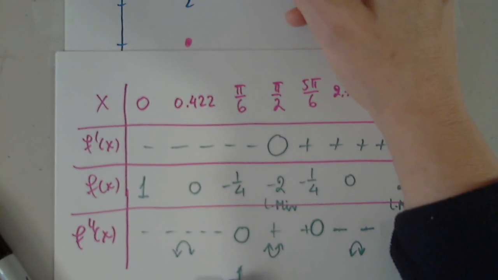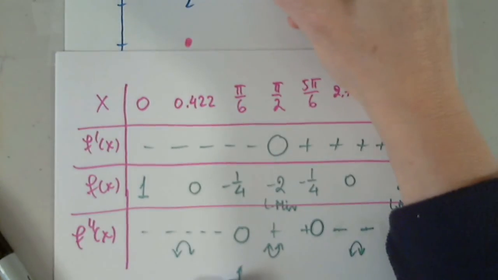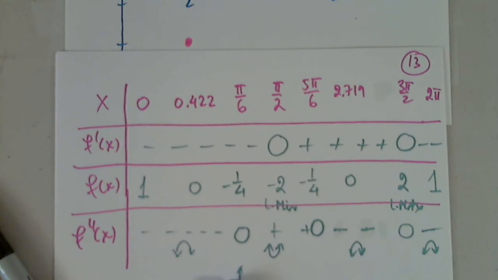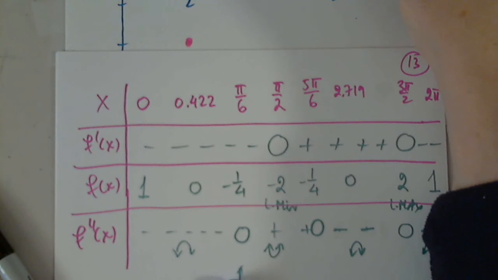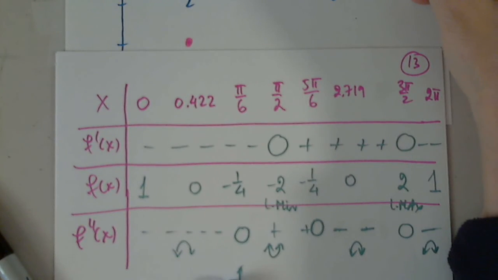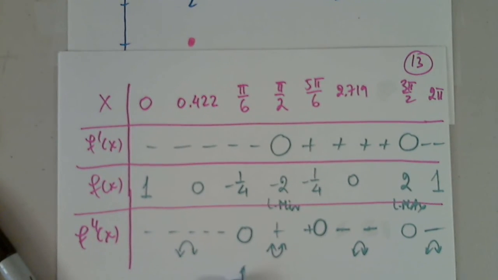And again, 5 pi over 6 was 2.6. This is 2.7, slightly to the right. Okay, that's another x-intercept. Fine. And then at 3 pi over 2, it goes to 2. And at 2 pi goes to 1. And it's not done. We only plotted the points.